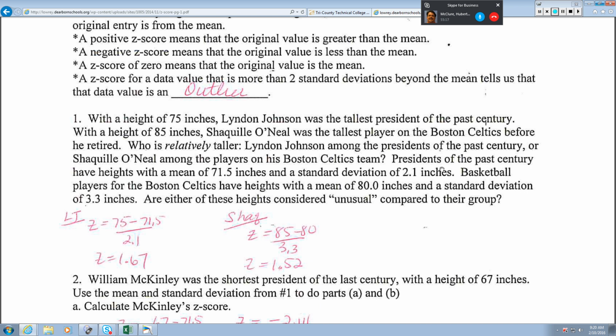Now, it's hard to think of Shaq being little, but he is, because everybody that plays basketball in the NBA is over 6'5". So even though he's still a big fish, he's a little fish in a big pond because there's so many people that are tall. That's what relatively taller means. All right? It's all relative.